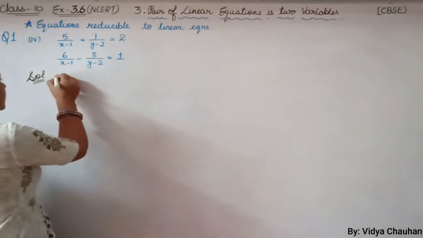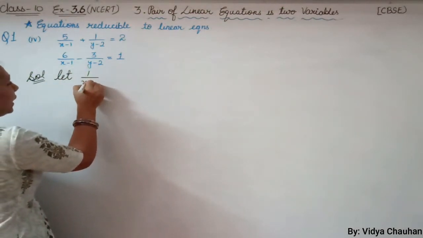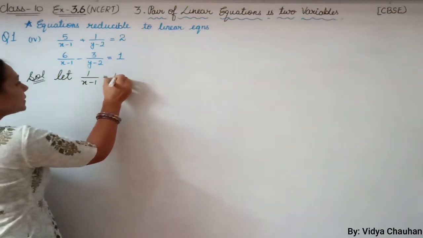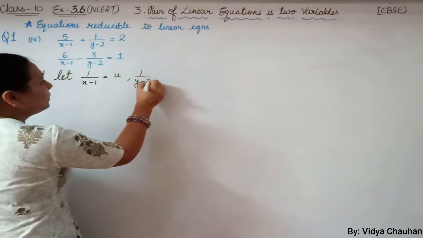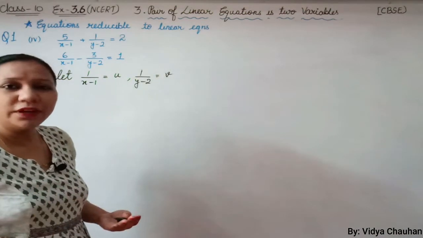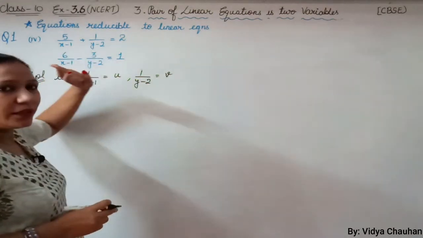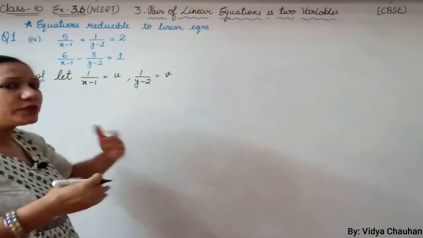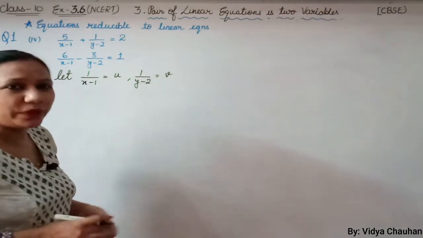So let 1 upon x minus 1 be u, and similarly 1 upon y minus 2 be v. You can choose any variable as per your convenience except x and y. You cannot use x and y. You can use a, b, c, d, u, v, s, t, any such variable.